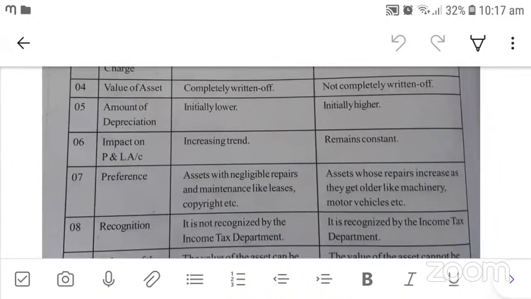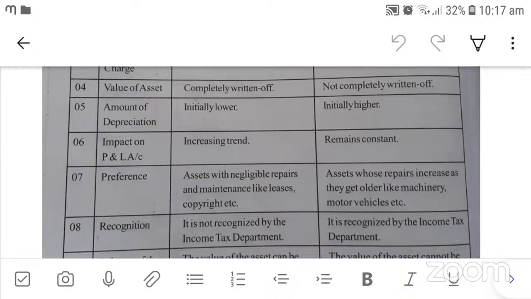Okay, preference. The straight line method is preferred for assets with negligible repairs and maintenance, like leases, copyrights, etc. This method is useful for these assets.